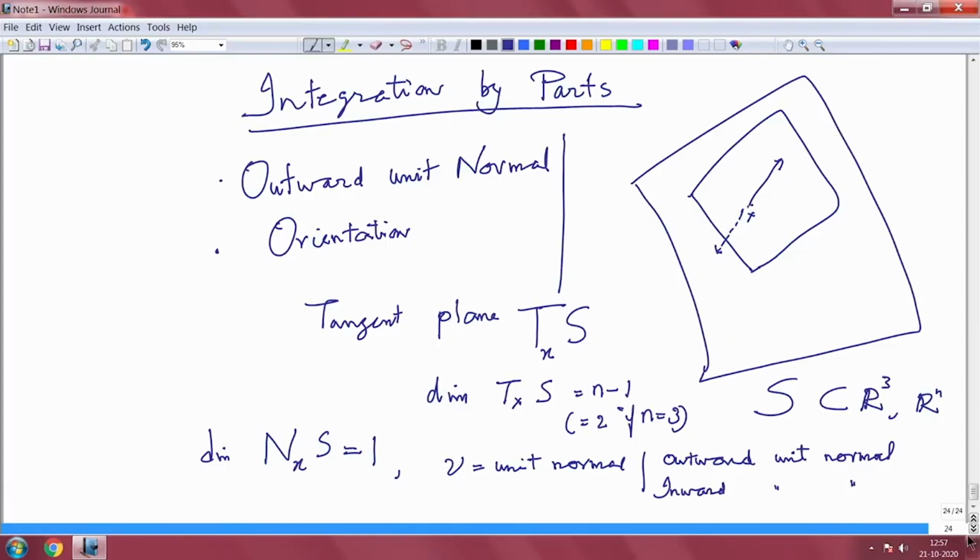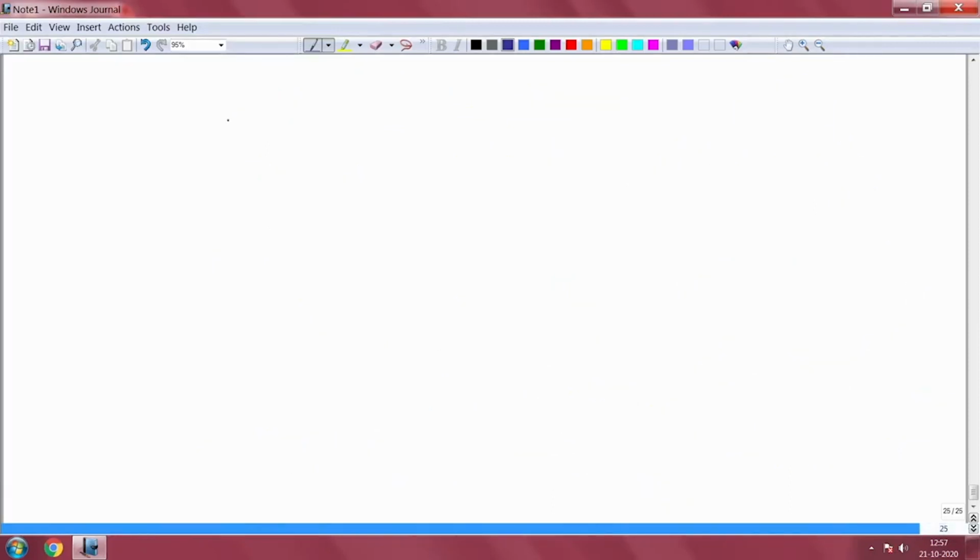In most of the surfaces which you are familiar with, for example, if you have a sphere, for this region this is your outward unit normal, and this is inward.